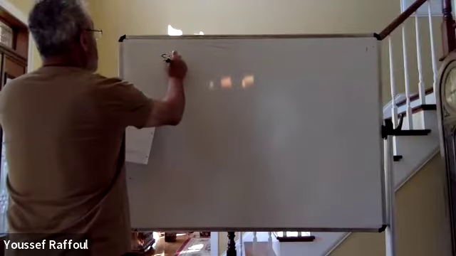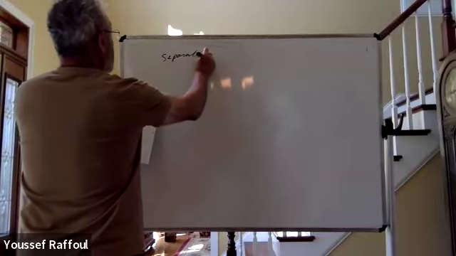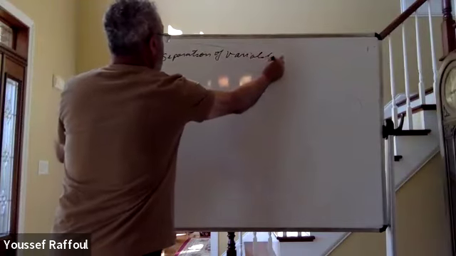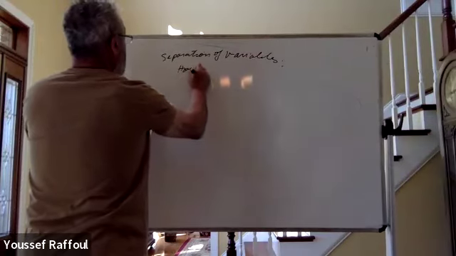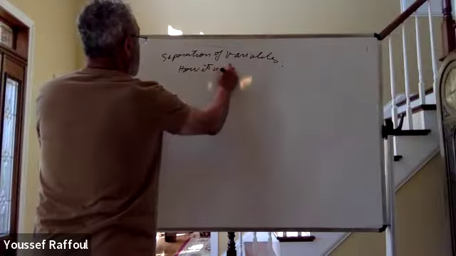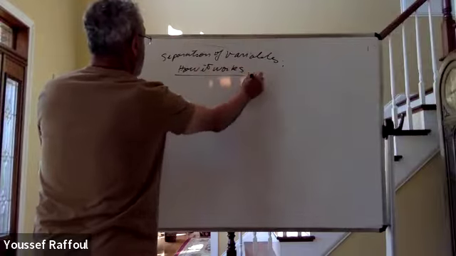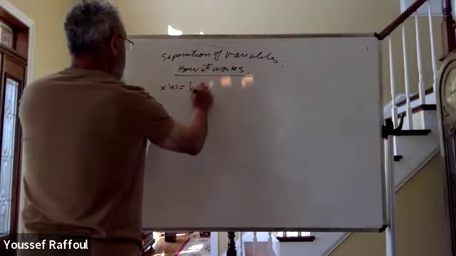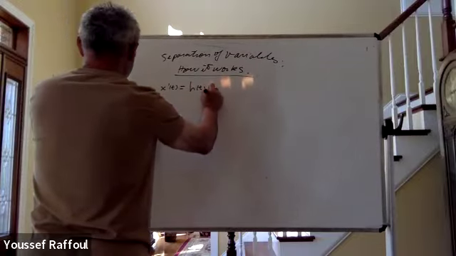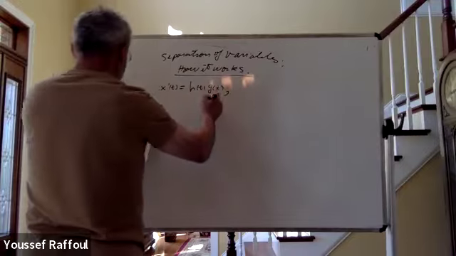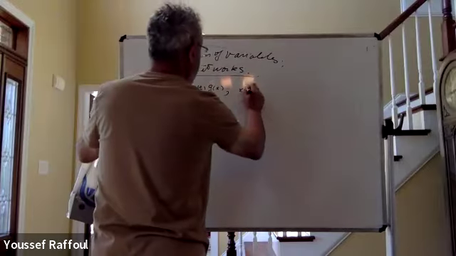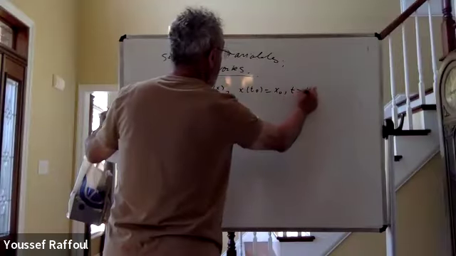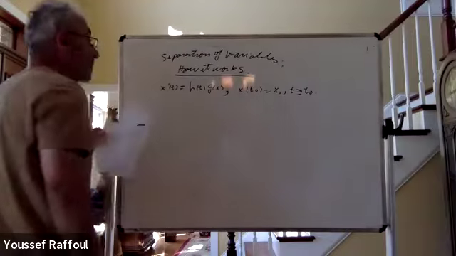So let's say separation of variables, how it works. So let's say we have x prime of t equal to h of t g of x, and we're going to specify x of t naught equal x naught for t bigger or equal to t naught.